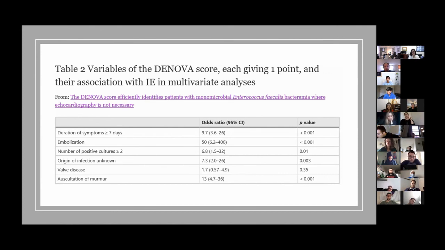But if you don't know where the origin is, then that's suggestive of endocarditis. Do they have underlying valvular disease, and can you hear a murmur? So I think that's very useful also in terms of assessing who is going to end up having endocarditis and who needs a TEE. So next slide.